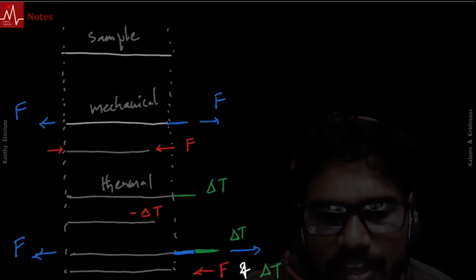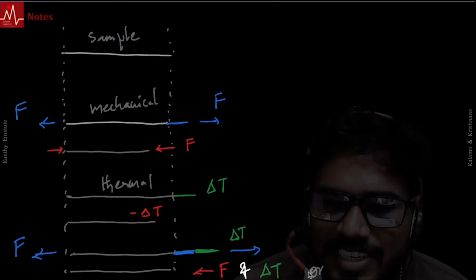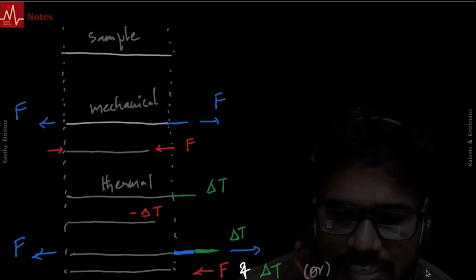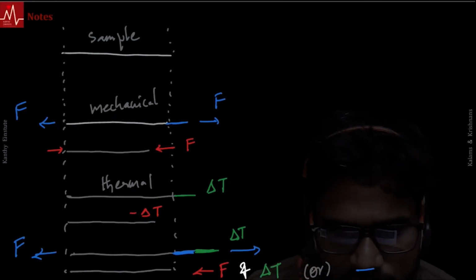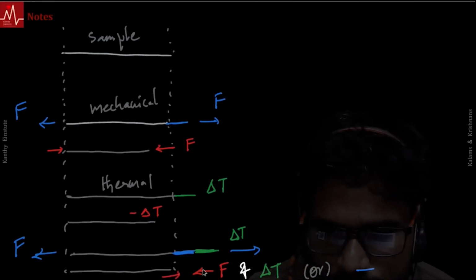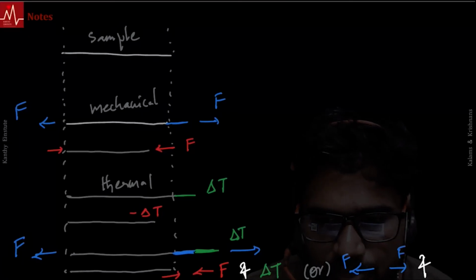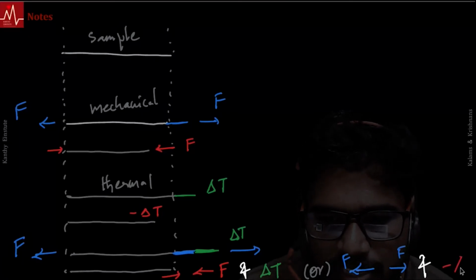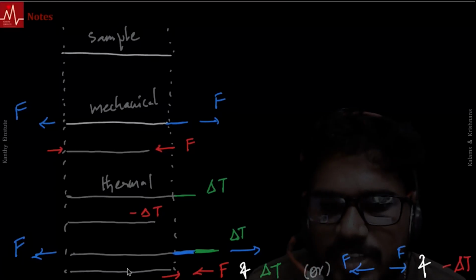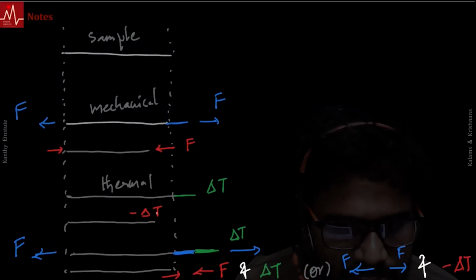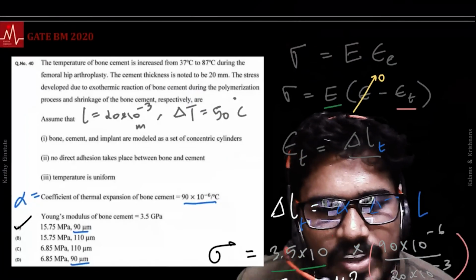In both scenarios, there is a very specific, interesting case where there need not be a change in length. Compression is not clear, so I'm going to put double arrows to note that. Either this, or there is a tension and you're cooling it. If you do it, there is a very peculiar scenario where there need not be any change in length. In fact, the reason to discuss this is this peculiar question.